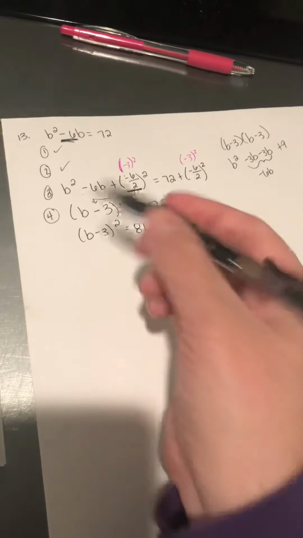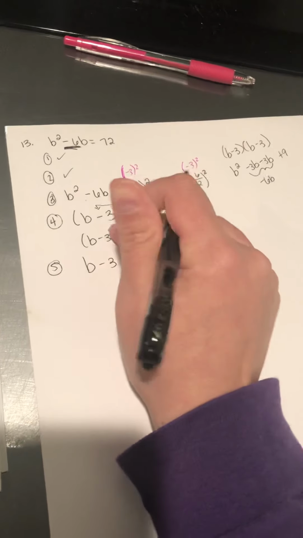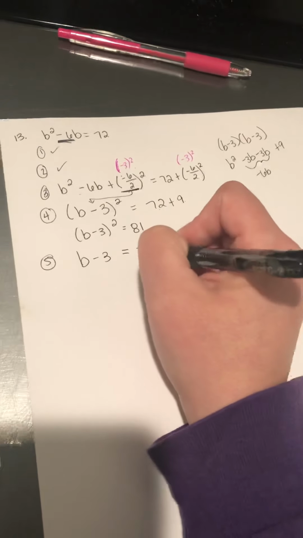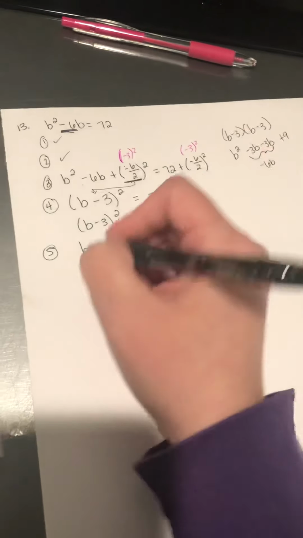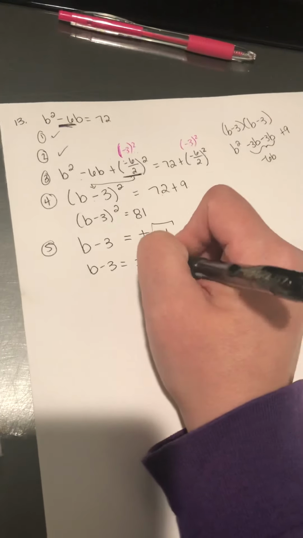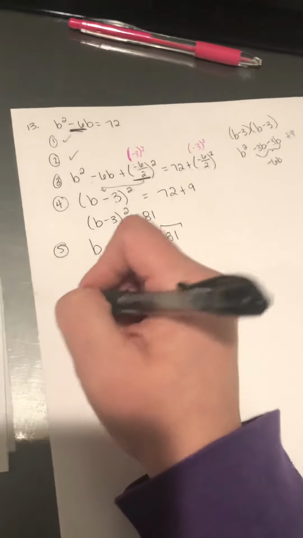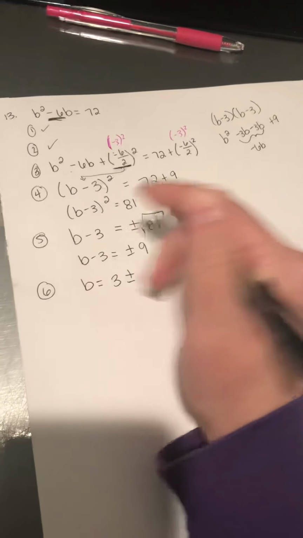And then I'll take the square root of both sides, that's step 5. So take the square root of a square cancels, and I have to remember to do plus or minus on the other side. So plus or minus square root of 81 is plus or minus 9. And then step 6 is solve, so I would have b is 3 plus or minus 9, if I add 3 to both sides.